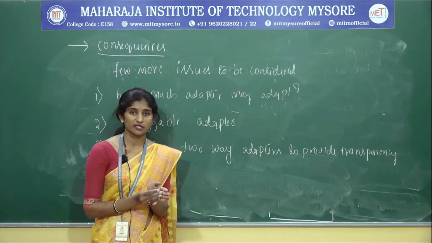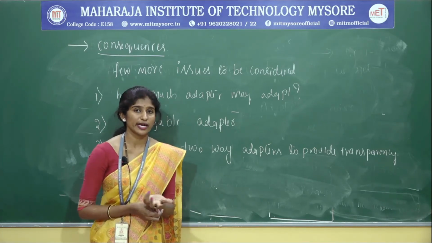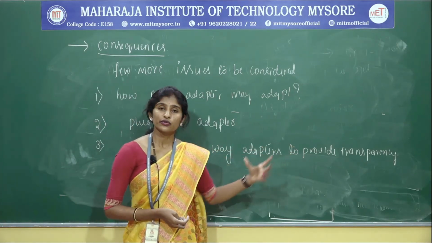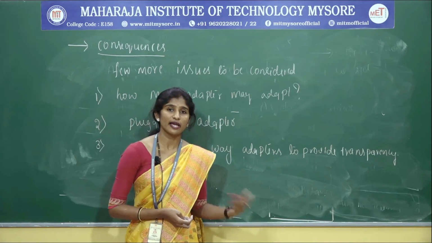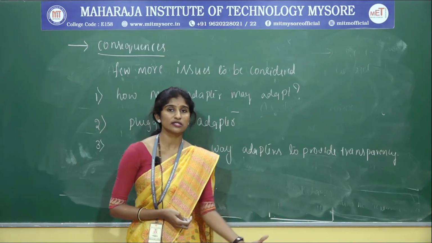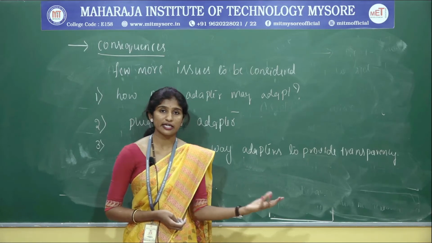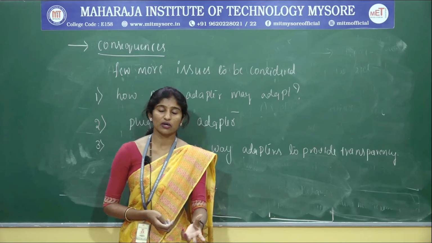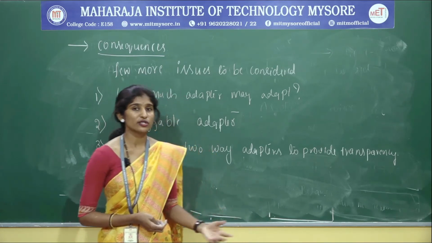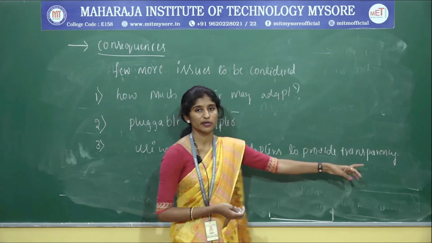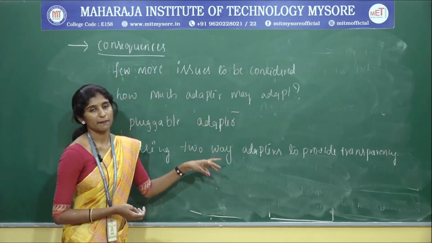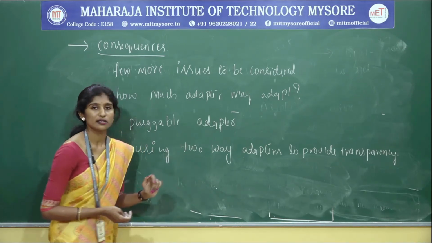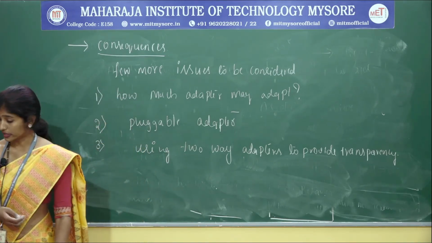So you need to provide transparency, at least provide two-way adapters. If you use transparency, that will be helpful. I can analyze whether I can use this adapter or not, whether it contains more adaptees or not, whether I can use this adaptee for the next class. These kinds of questions I can look after if you provide the transparency by using two-way adapters, that is, the same class with two adapters. That was another suggestion, an issue you need to consider.